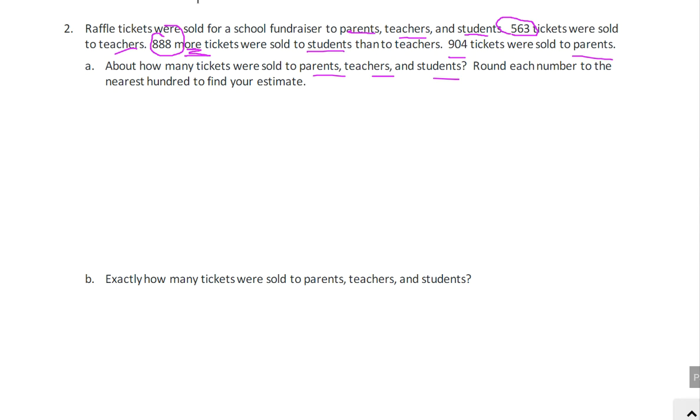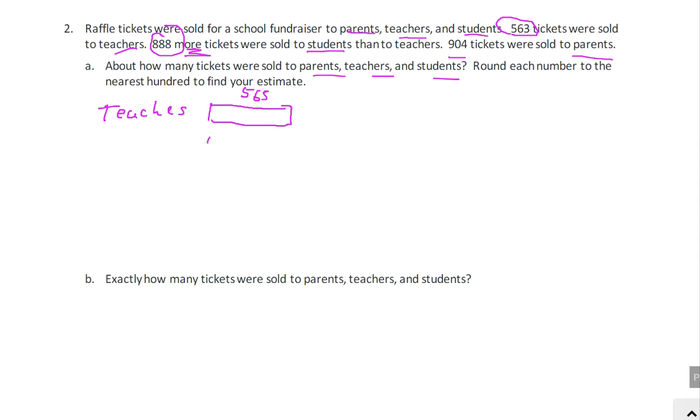Well, we know that 563 were sold to teachers, so we can pop that in right away. Let's do teachers first. So we had 563. And then our next one, 888 more tickets were sold to students than teachers.